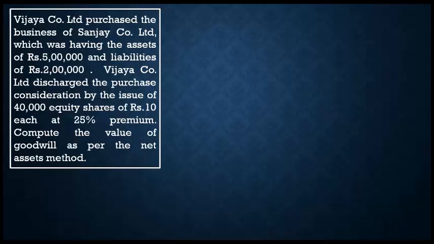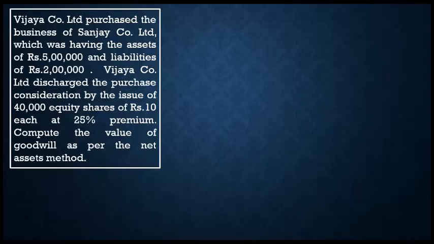Again, let us try to understand the problem. Vijay Company Limited purchased the business of Sanjay Company Limited. Sanjay Company Limited was having the assets of rupees 5 lakh and liabilities of rupees 2 lakh.